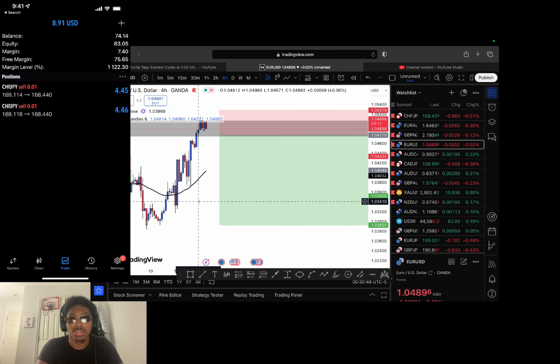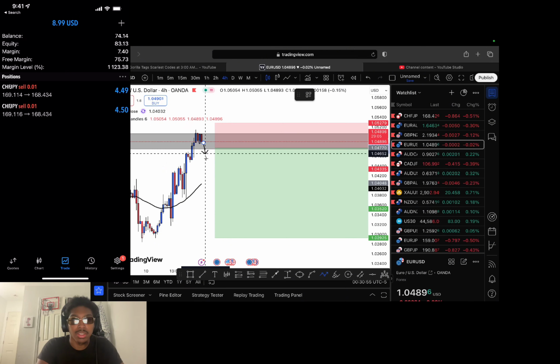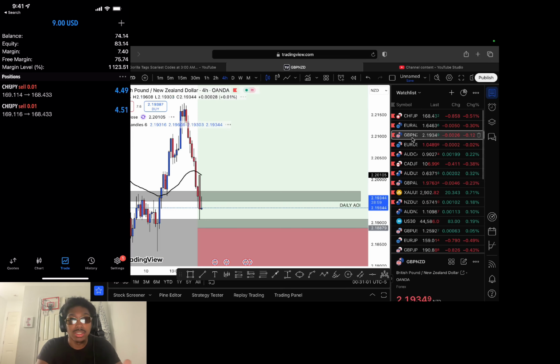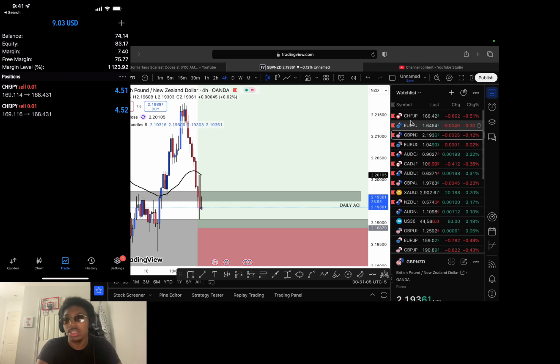And the same for Euro USD. I just wanted to create a shift in structure, basically shifting bearish and then entering for the sell position. But as you guys can see, for the 3 pairs that I broke down on the analysis, all 3 are playing out exactly how I described.